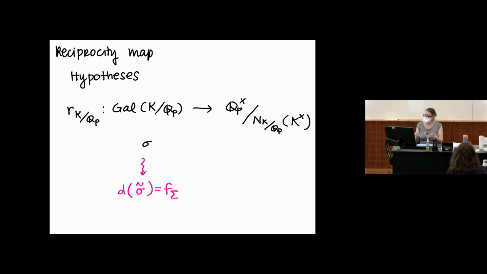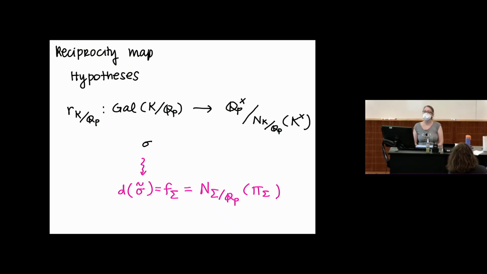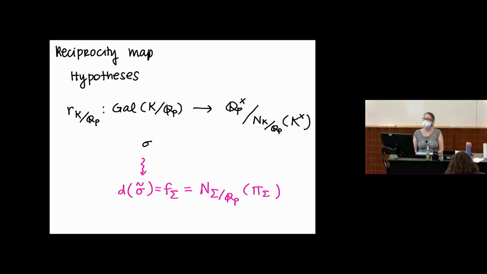Now, that residue field degree, right, this f sigma, that's also the norm from sigma over Qp of the prime of that sigma. Yep. The norms of K primes aren't, isn't this Qp prime? Aren't just the units of Qp? No. Yeah, and in general, there's, yeah.